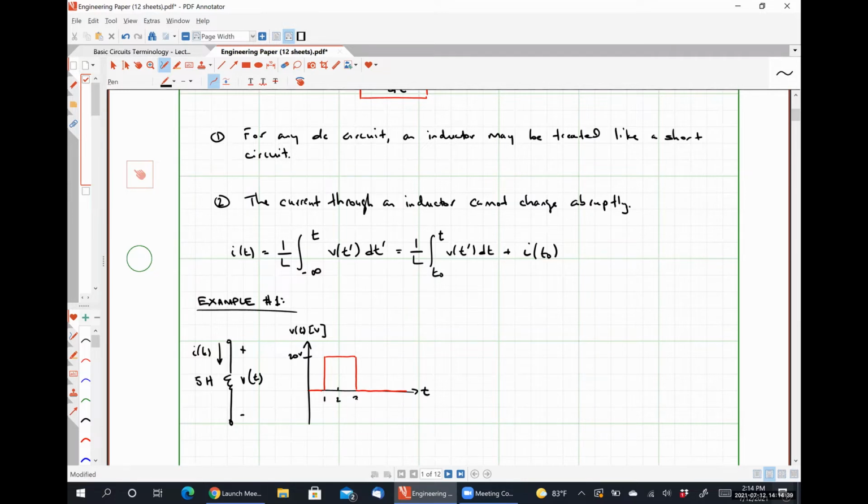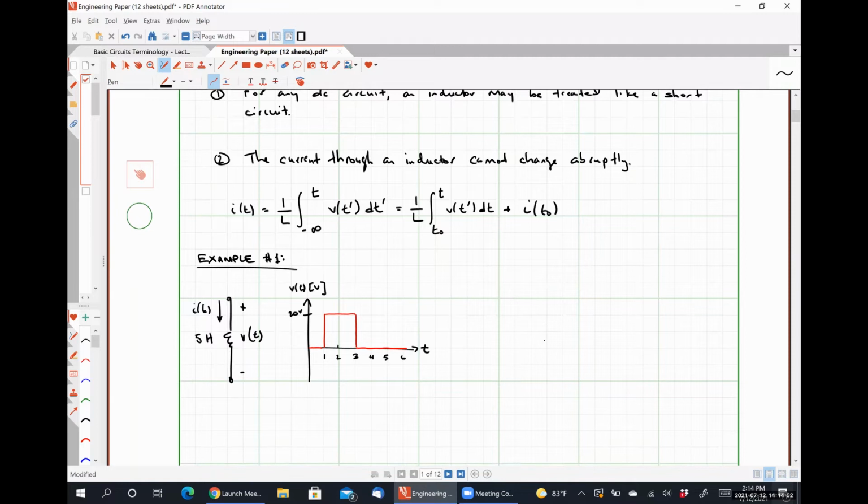Here's 2, comes down at 3, and then we have 4, 5, 6, etc. What we want to do is figure out how the current is going to behave under the assumption that I of 0 is equal to 0 amps. Here will be I of t measured in amps, and here's time measured in seconds.